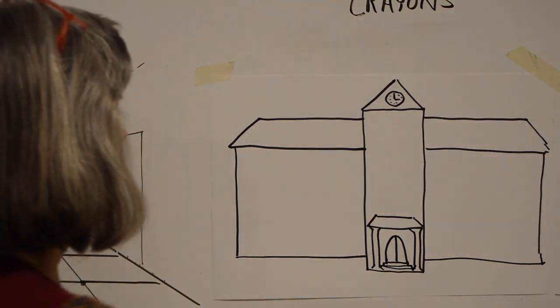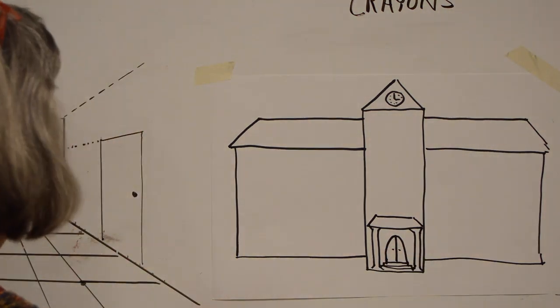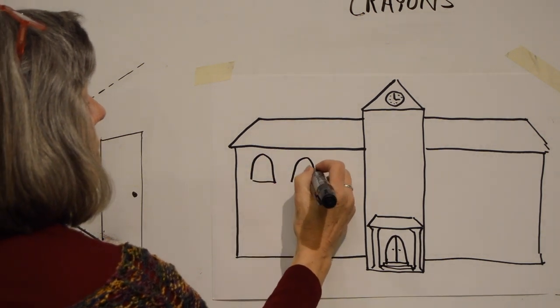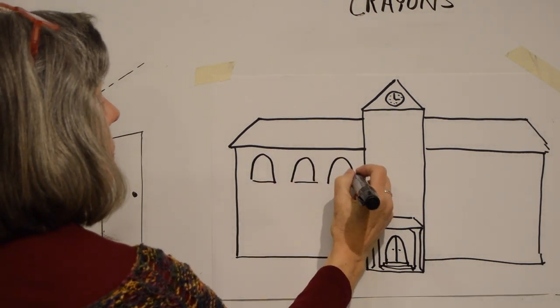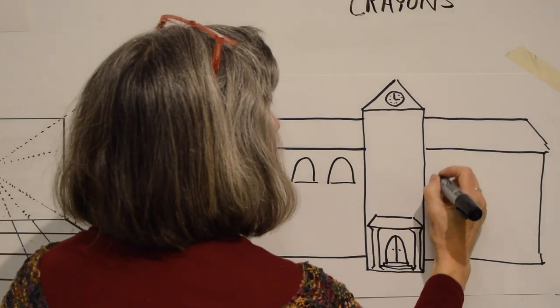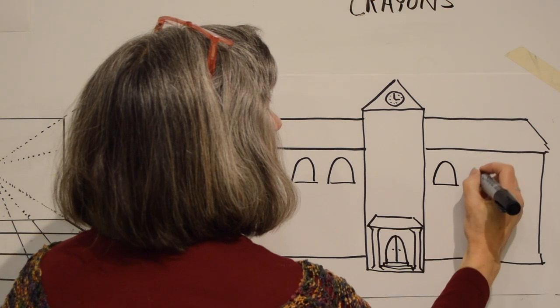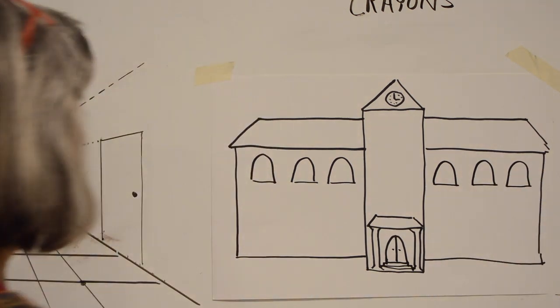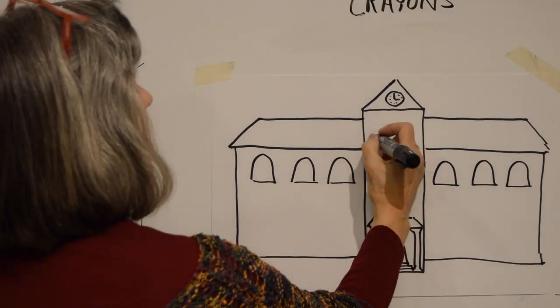All right, and now I'm going to add some arch windows. And of course, if I have 3 on this side, I have to have 3 on this side if my building is symmetrical. All right, and maybe I want to have, let's see, a couple up here.